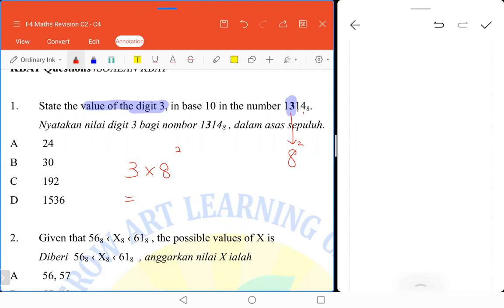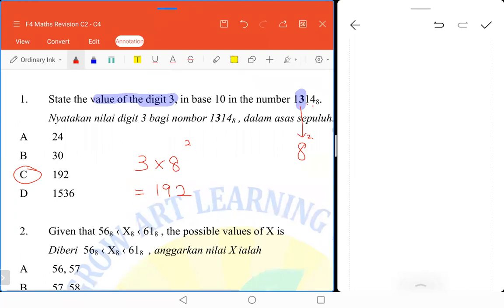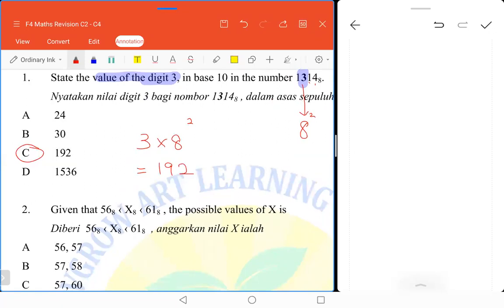Multiply 3 times 64, 192. So the answer is 192. Do not convert to base 10, only the digit 3. So must read carefully. Yeah, answer is C.